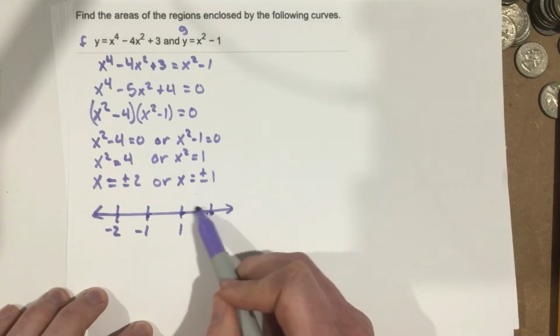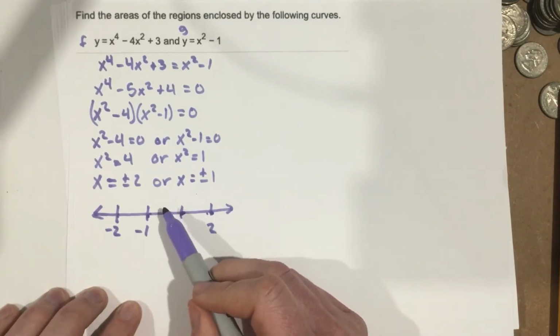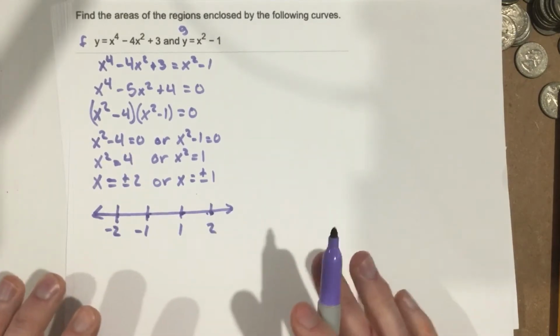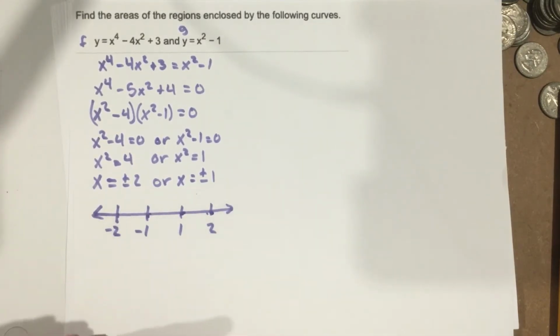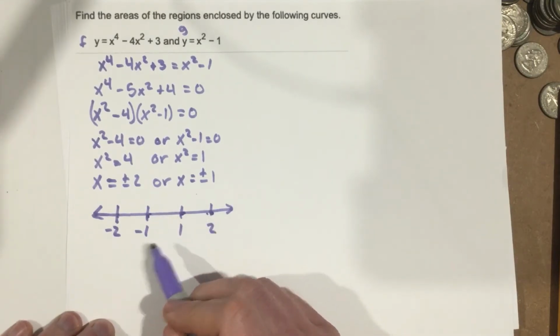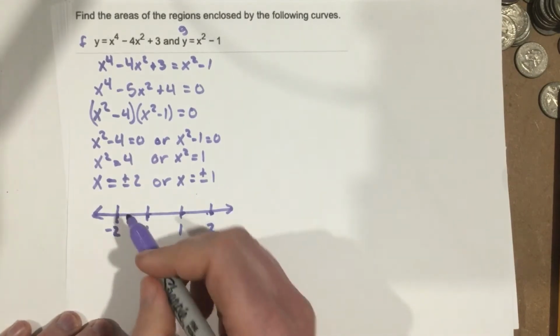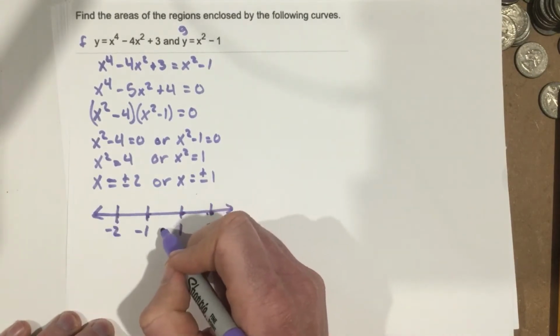That was the same on this side, but in the middle, they flopped. The function that was largest now became smallest. So if we didn't graph this, how would we figure this out? Well, we would plug in some numbers.